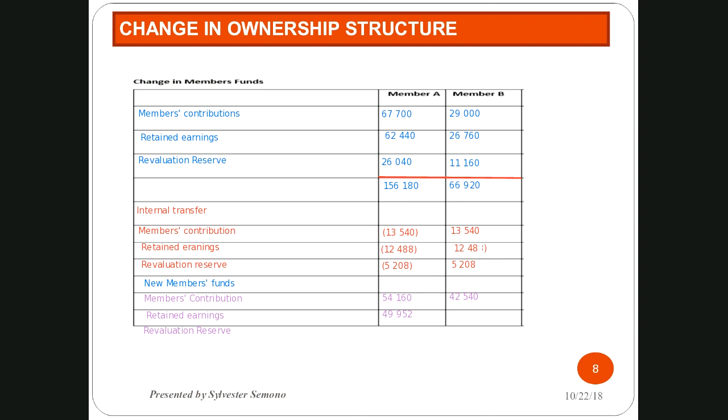Let's do the reserve. The reserve: 26,040 minus 5,208. $20,832. Thank you very much.